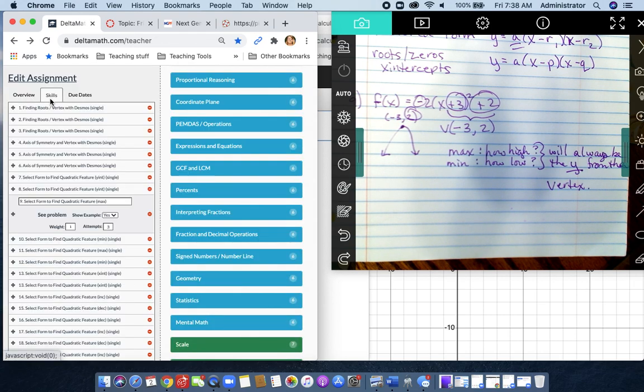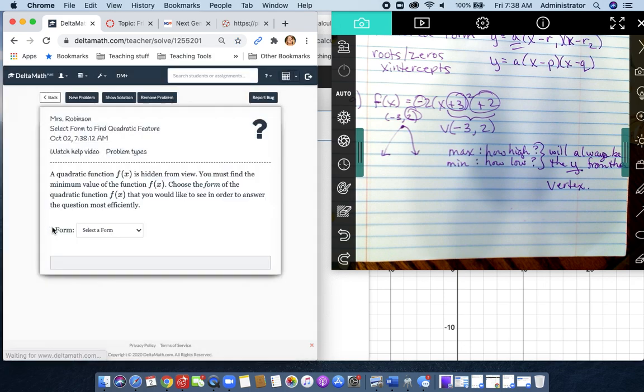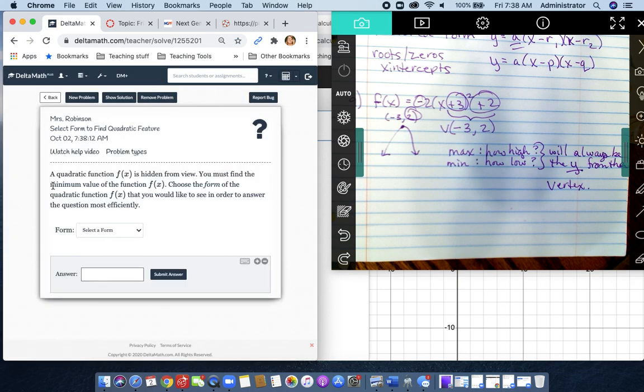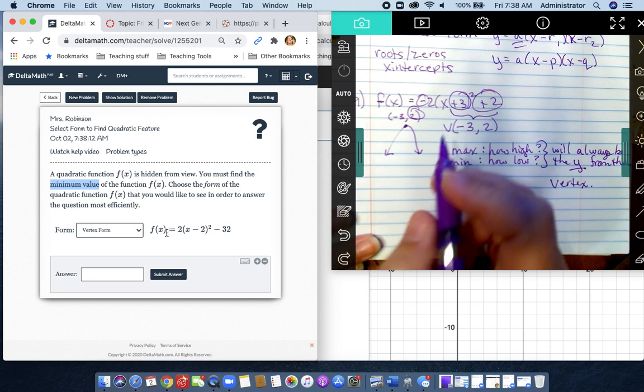If they ask for the min, so if it opens up because your parabola is positive, so right here, this time they ask you, you must find the min value. That's going to be, again, the y from the vertex. The only difference is our a value is positive, so the graph opens up.